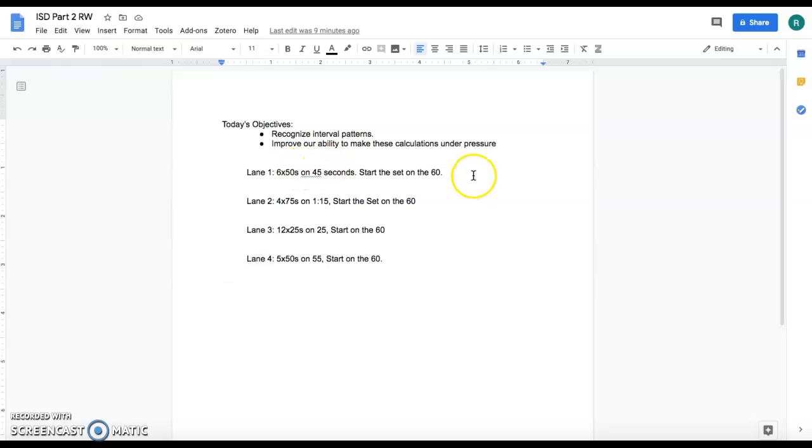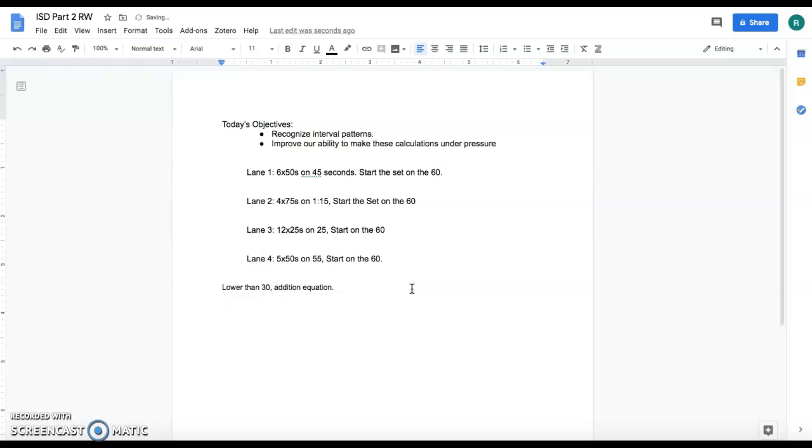So example number 1. Just for reference, for all 4 examples we're always going to start on the 60. That's always going to be the first send off for every first repetition. Something to keep in mind: if the seconds on the interval are lower than 30, it's always going to be an addition equation.